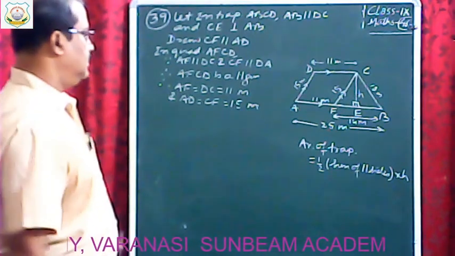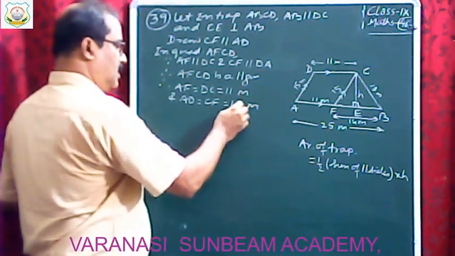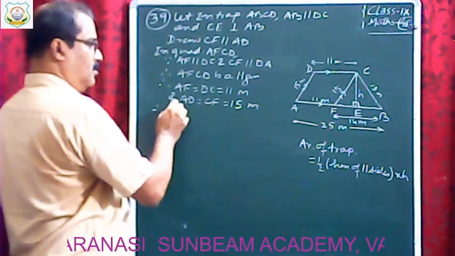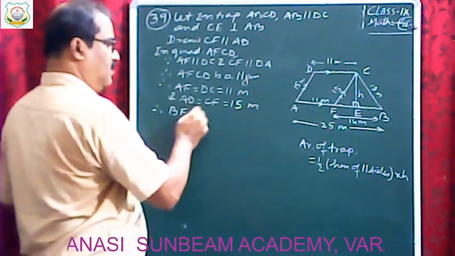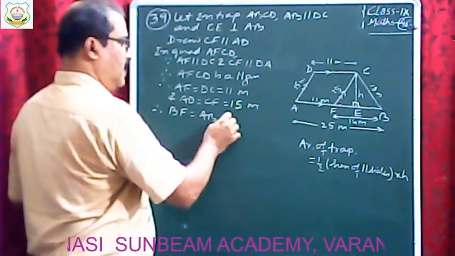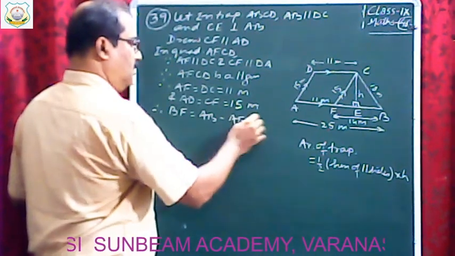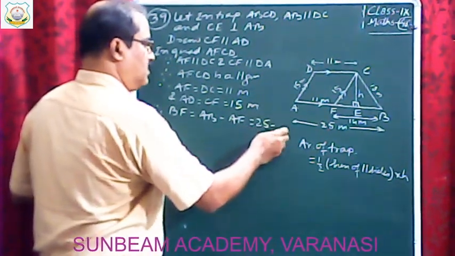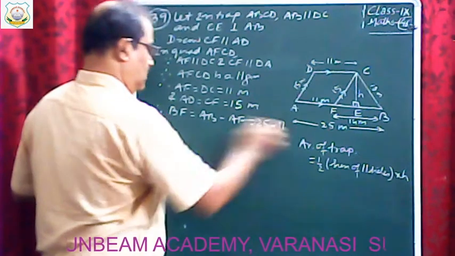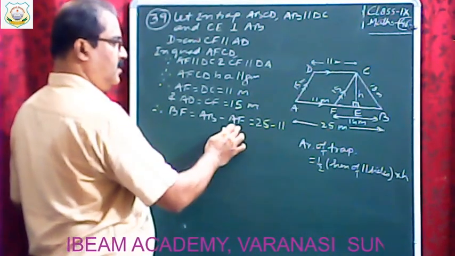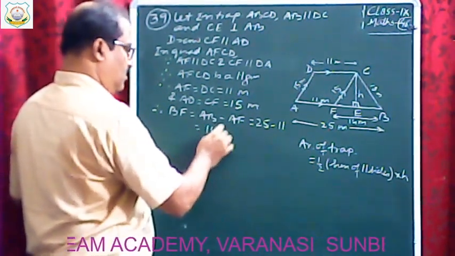Therefore, BF equal to AB minus AF, 25 minus 11, that is 14 meter.